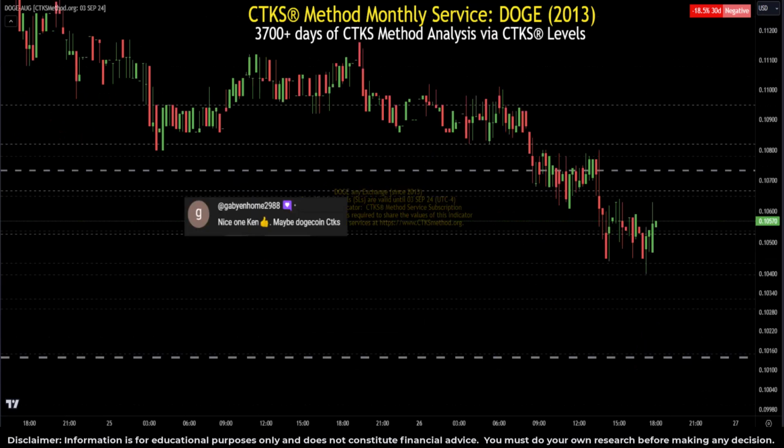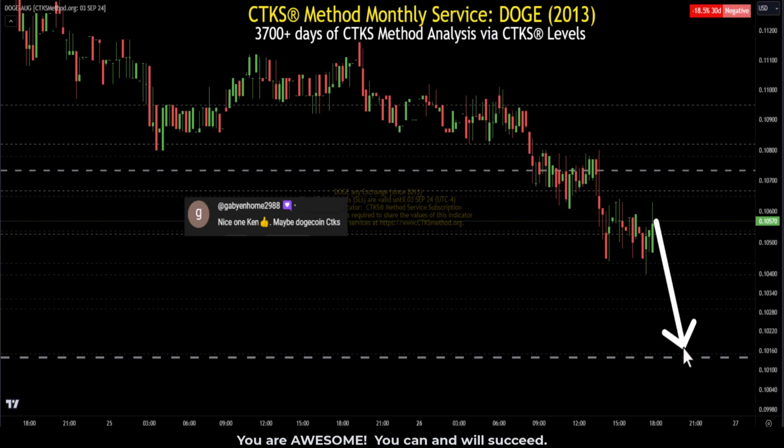So let's do it. Now, how do we use this to our advantage? As traders and investors, we're always seeking out a bargain. And we can see around this 10,100 level on Doge, that's a pretty good solid structural support level. Around the 10,700 mark is a reasonable structural resistance. If we see that the VIX is spiking, we would anticipate moving down to the 10,100 level on Doge.